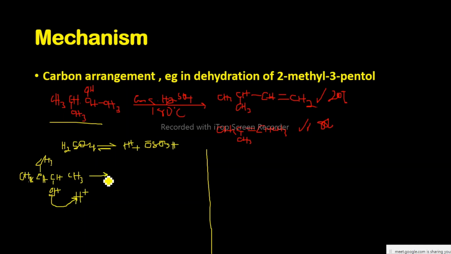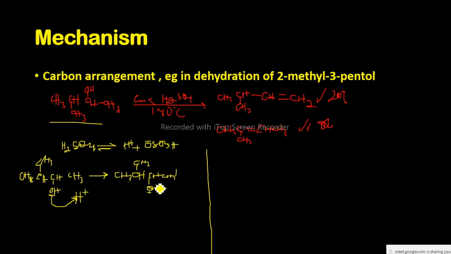After doing this, you write your product. The product is CH3, then C with your methyl group here and your hydrogen here, then the CH, and then the OH, which is protonated, so you have OH2 with a plus on the oxygen.